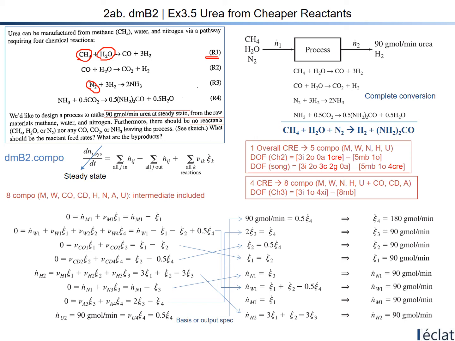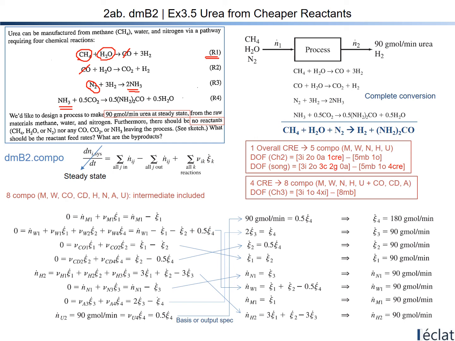So this carbon monoxide is generated from reaction 1 and also disappeared or consumed in reaction 2. And the other thing is we should go to the reaction 3. Nitrogen plus 3H2 is going to ammonia, and this ammonia is consumed at the reaction 4.